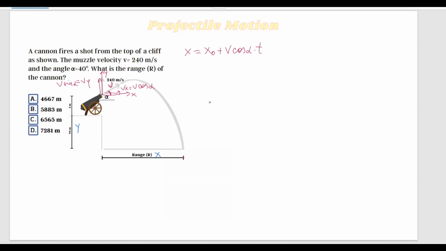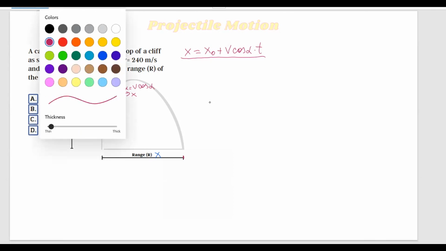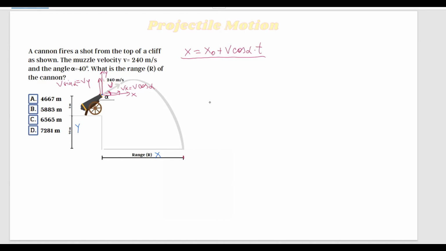Now, based on this equation, I would like to lay out everything that we know and everything that we don't know. So x is actually what we have to calculate, this range. Then x0 is equal to 0. This is why I like to place my axis right at the starting point, because it gets rid of this term. If we placed our axis here, and we knew this distance, let's say 1 or 2 meters, then our x0 would be -2 or 2.